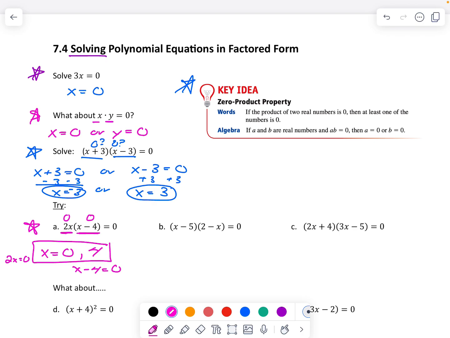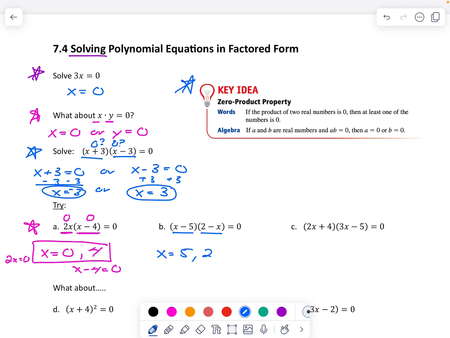If you can look at it and come up with the answer, great. This next example, B, either this is 0 or this is 0. They're both multiplying together to equal 0. So x is either equal to 5 because 5 minus 5 is 0, or x equals 2 because 2 minus 2 is 0.